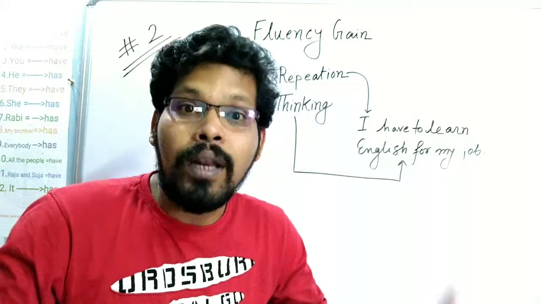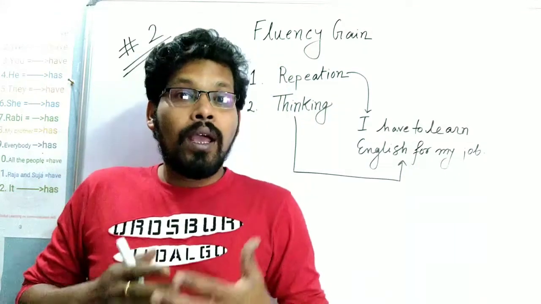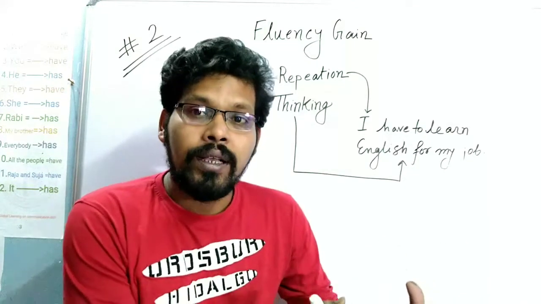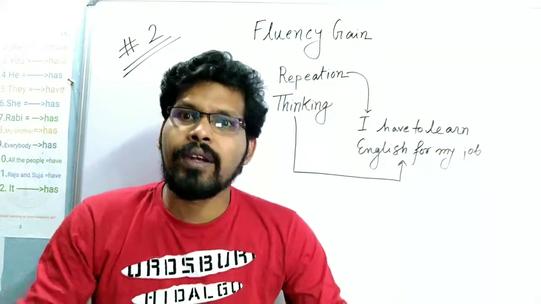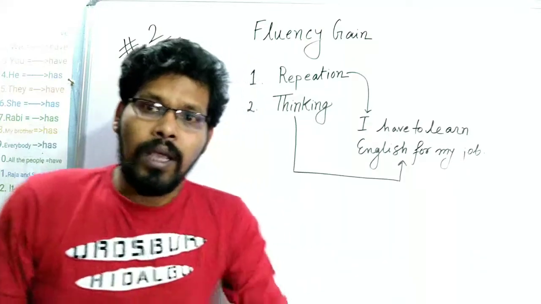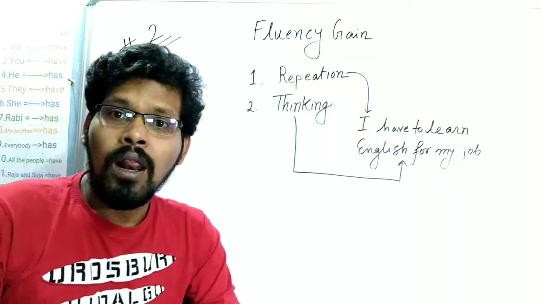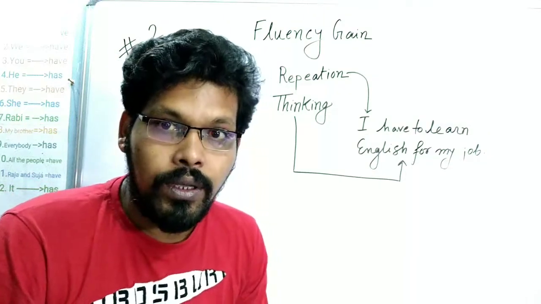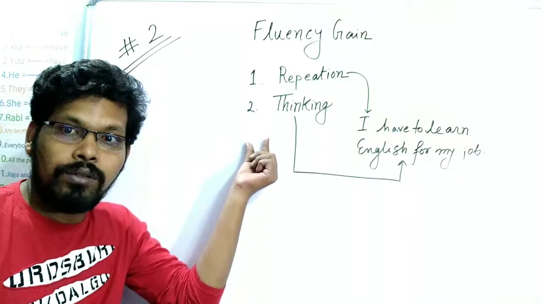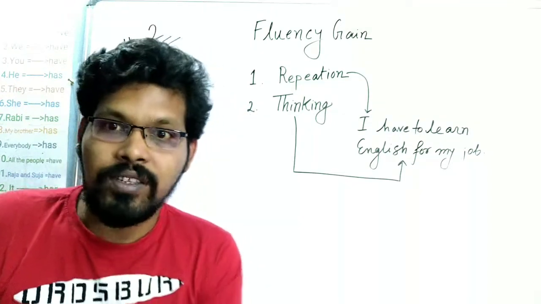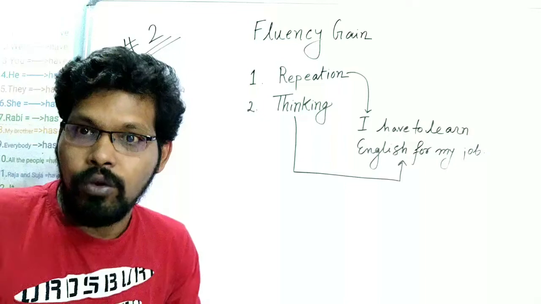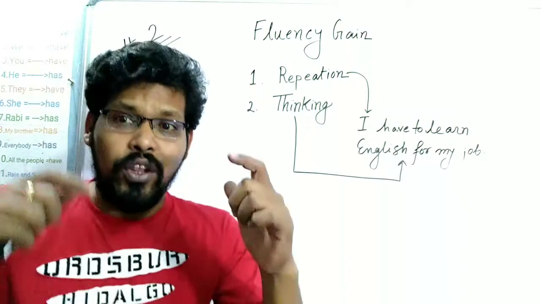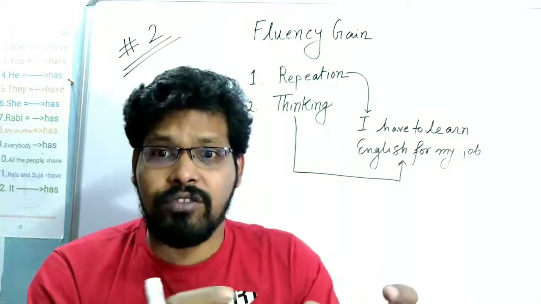What is the role of repetition for growing our fluency in English, and what is the role of thinking? These are the matters to be discussed in this episode. We will practice and increase our fluency by these two points. How? Just watch this video from first to last, and I can assure you that your fluency level will increase.